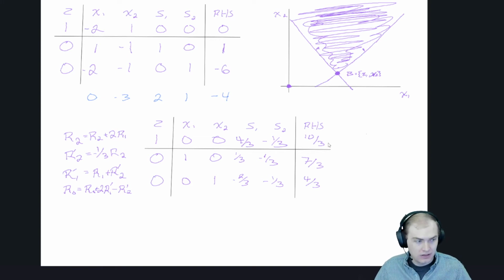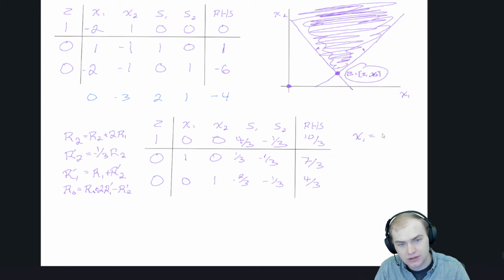So now we're in the new basis we wanted, x1, x2, which gives us the solution x1 7/3, or z 10/3, x2 4/3, s1 0, s2 0.